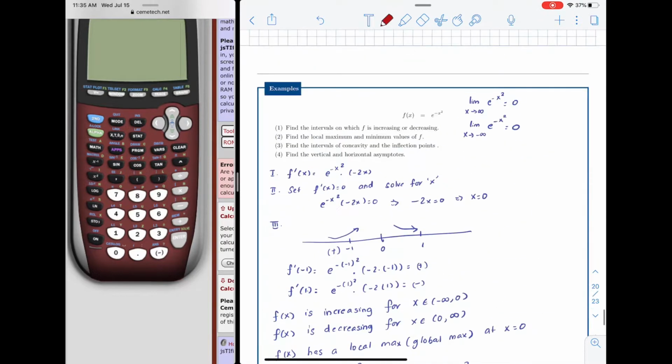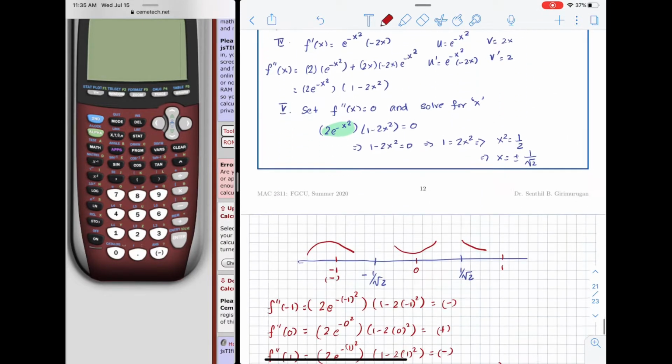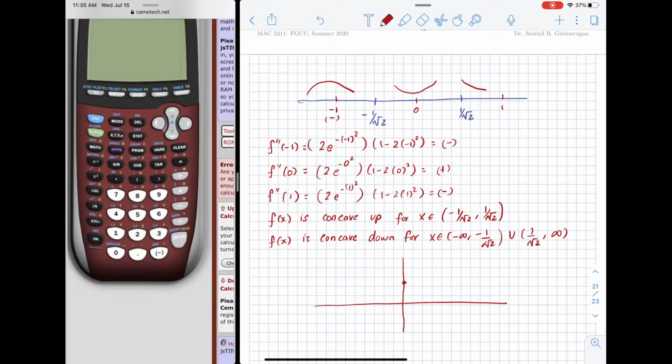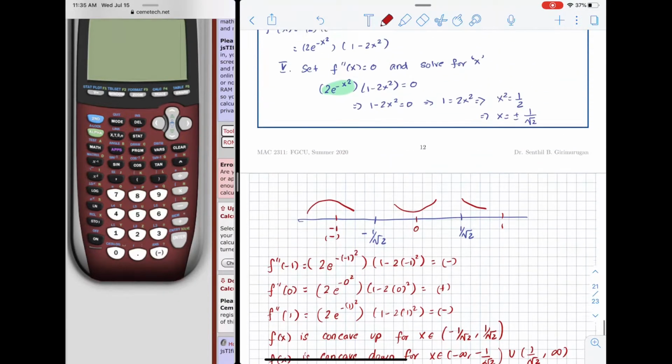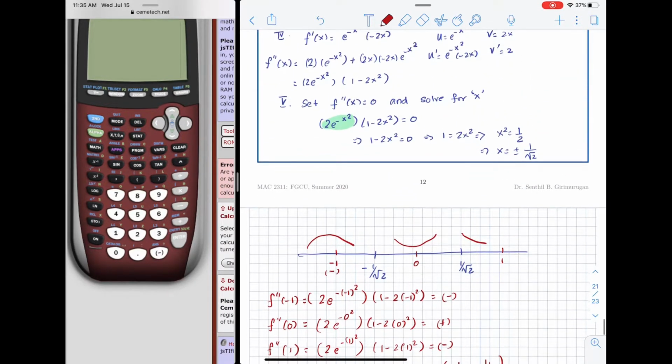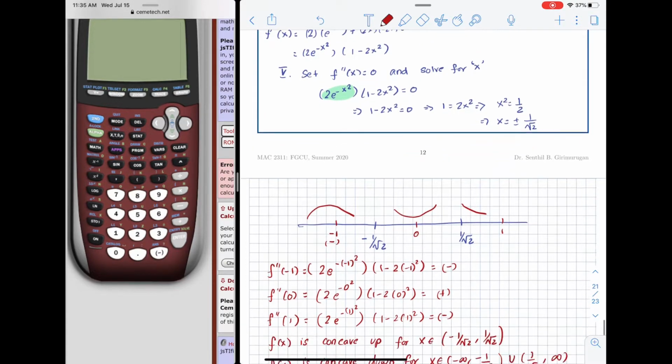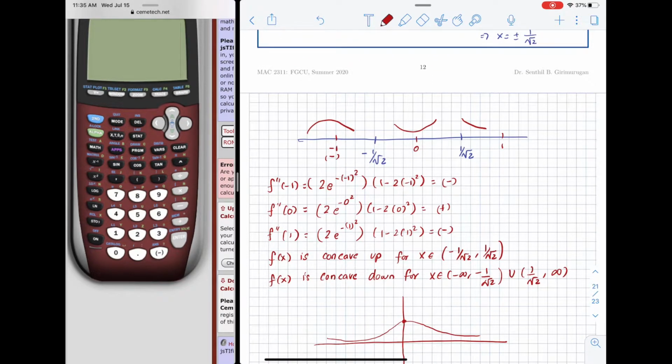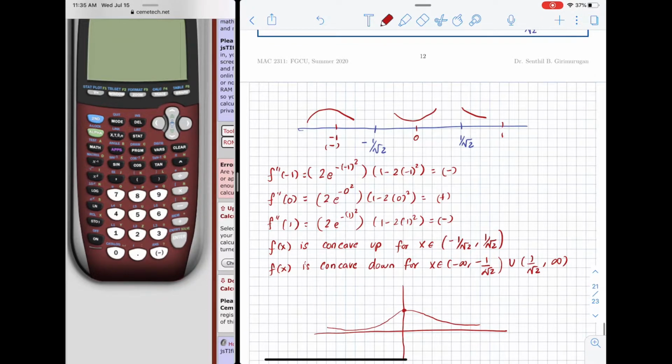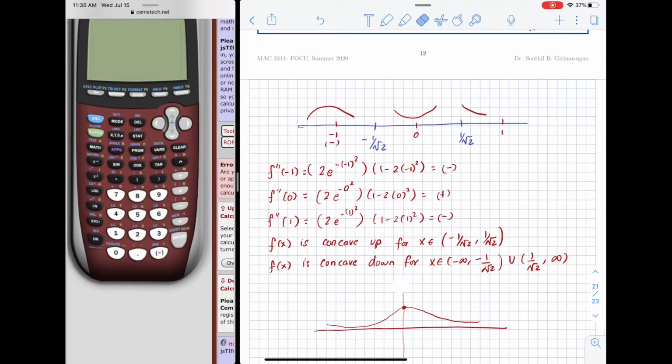And we also know that the function is increasing and it has an asymptote. So I'm thinking the function has to go like that and like that. And let's see if that is true.